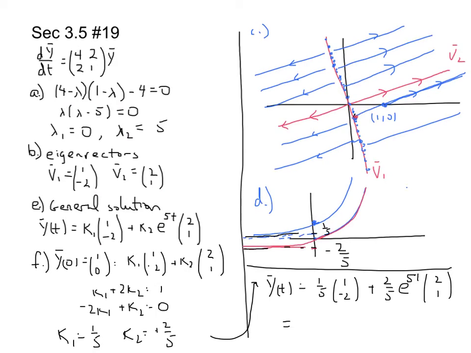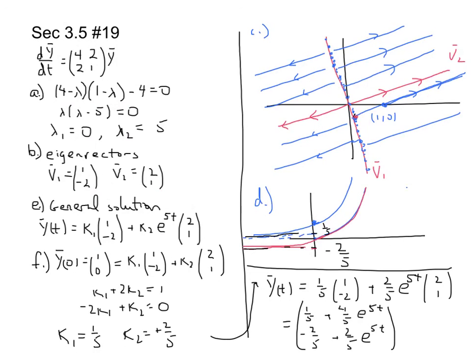If I group terms together, I have a 1/5 and a -2/5 plus 4/5 e to the 5t plus 2/5 e to the 5t.